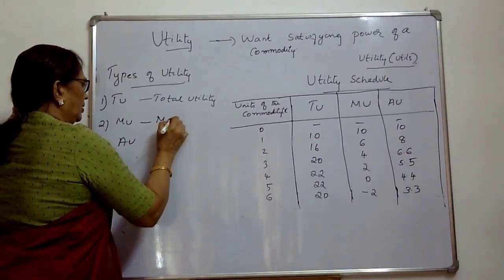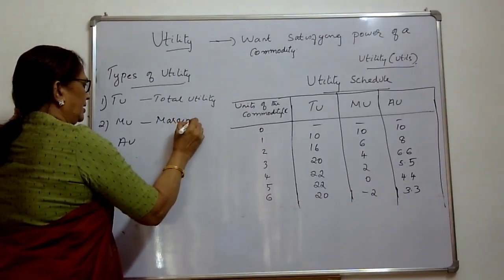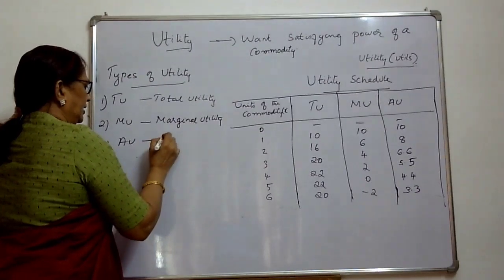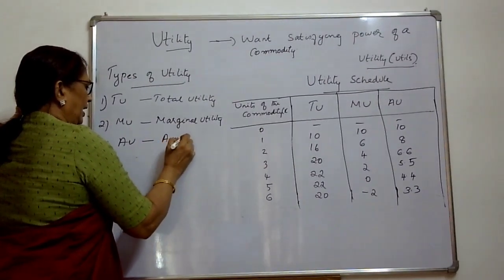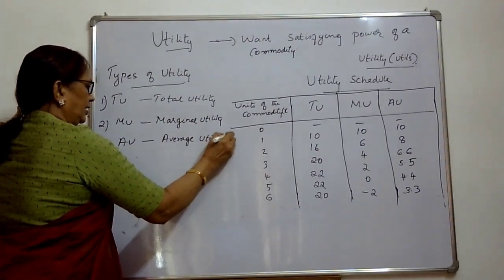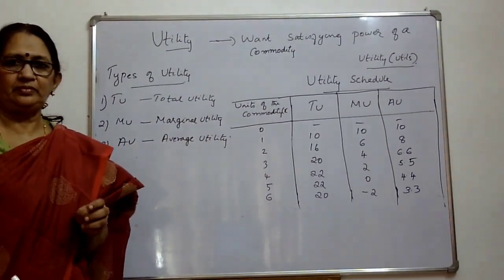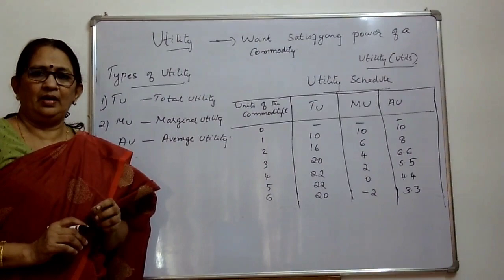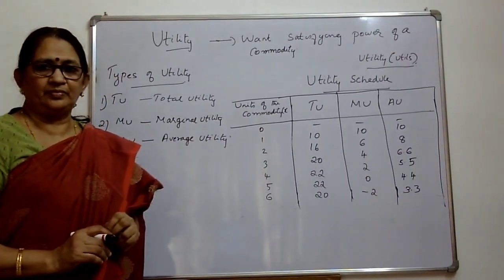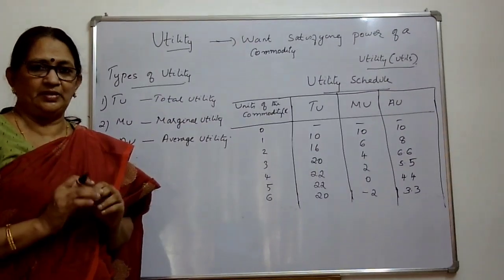MU, marginal utility. And third one, AU, average utility. Now, how are they calculated? What is the meaning of these concepts?